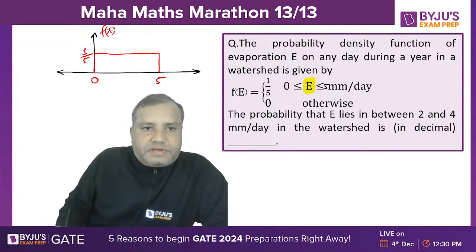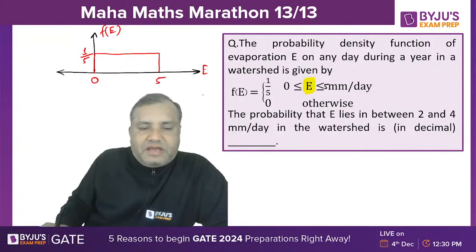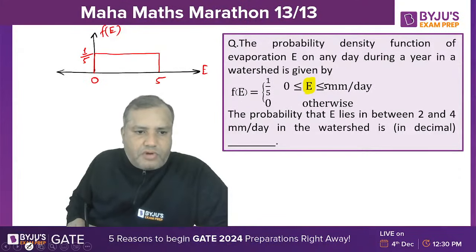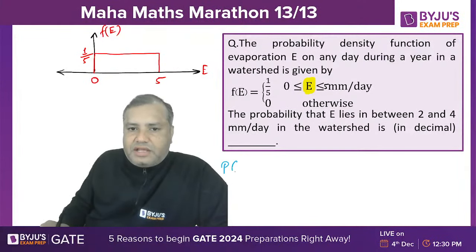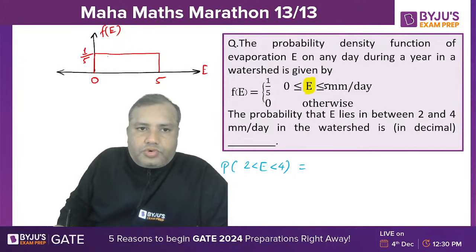Okay sir, f of E is given instead of f of x, so this random variable will be E. What we want is the probability that E lies between 2 to 4.